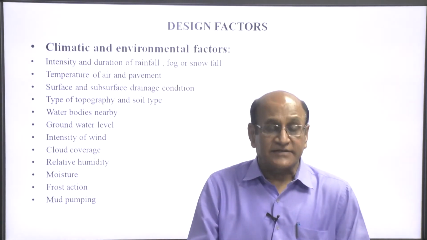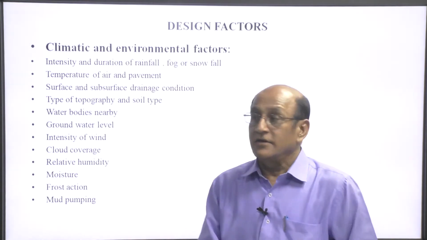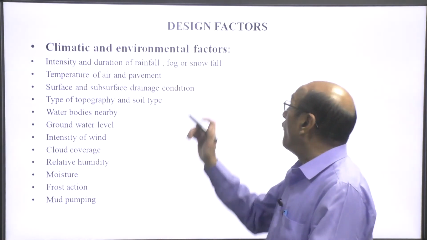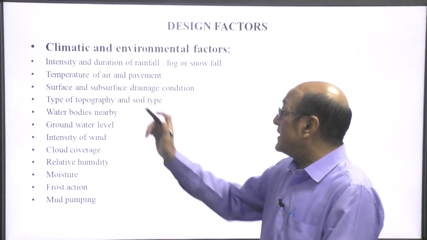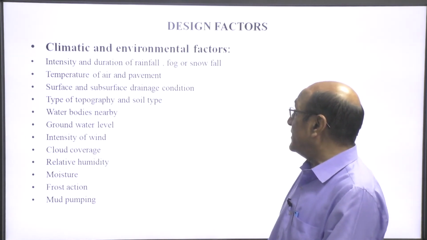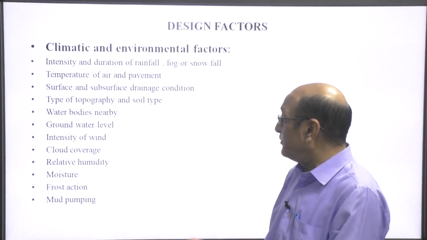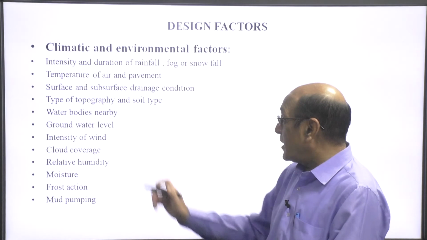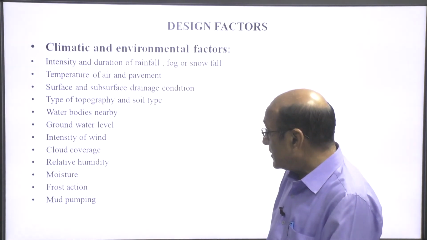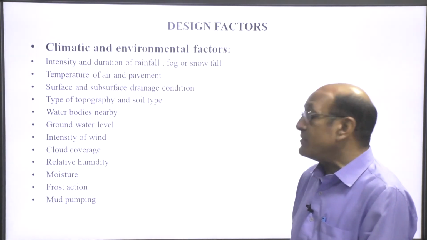Now, the design factors: climatic and environmental factors. The intensity and duration of rainfall, fog, snowfall, temperature of air and pavement, surface and subsurface drainage condition, type of topography and soil type, water body nearby, groundwater level, intensity of wind, cloud coverage, relative humidity, moisture, frost action and mud pumping.